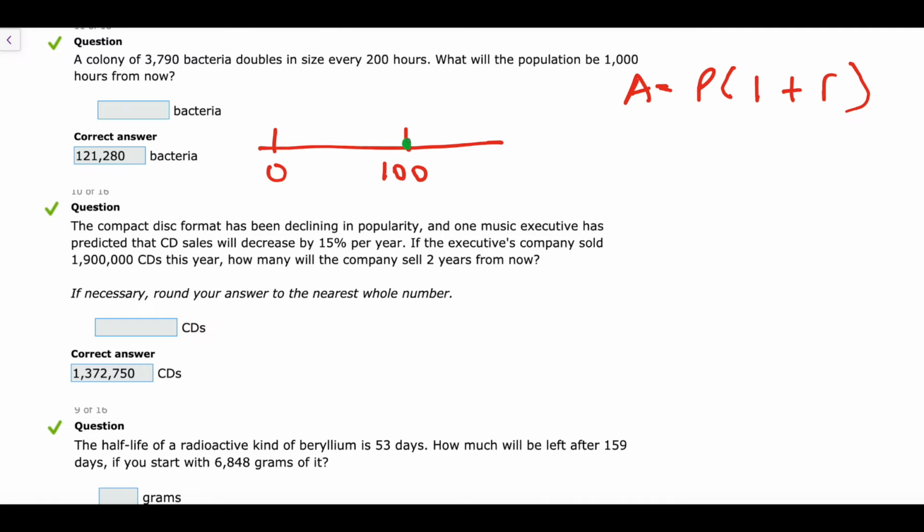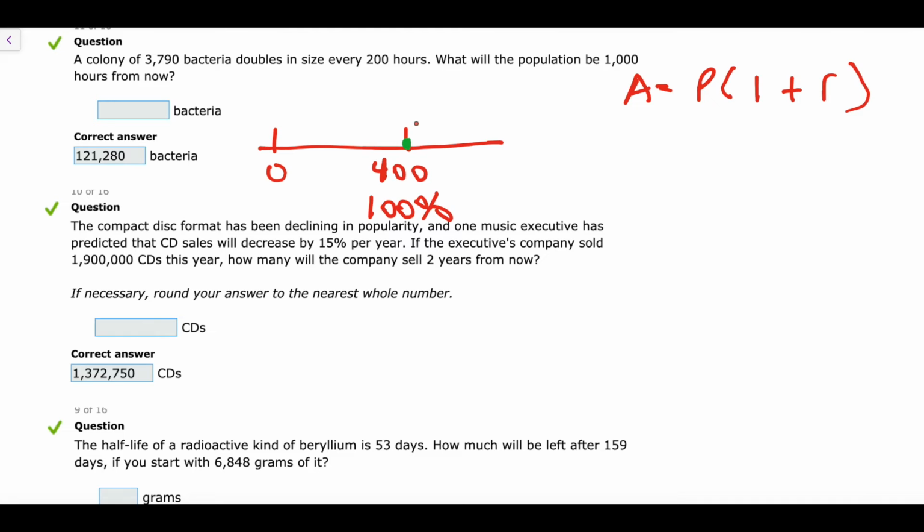What percent is it just to get to 100? 1. Not 1%, but 1 in decimal form. So let's change it to 400. What percent of 400 is 400? 100%. So 400 is 100% of 400. Does that make sense?